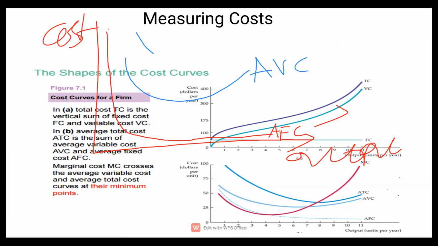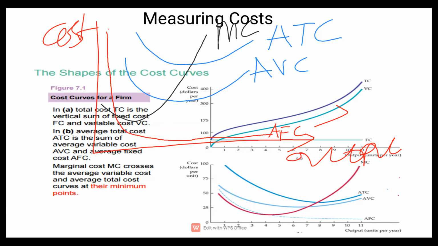And I think we can even try to say one or two things. What could be the reason as to why? I use the black marker. Then the marginal cost is cutting all these at minimum. Marginal costs, AVC.